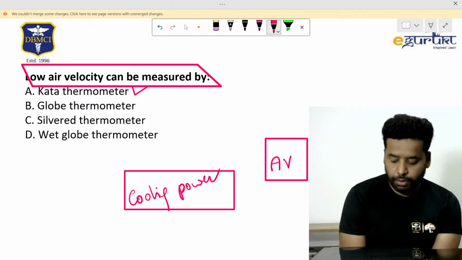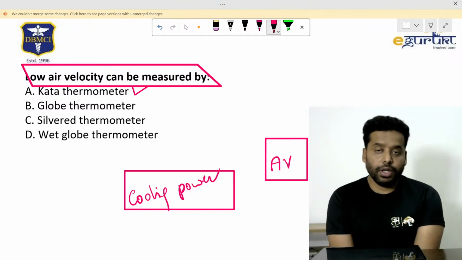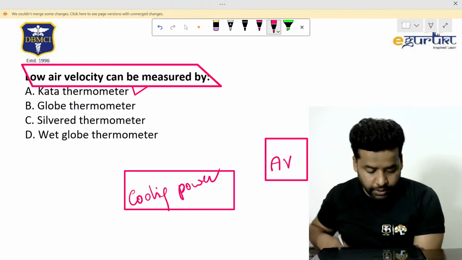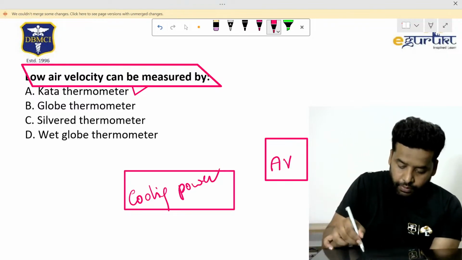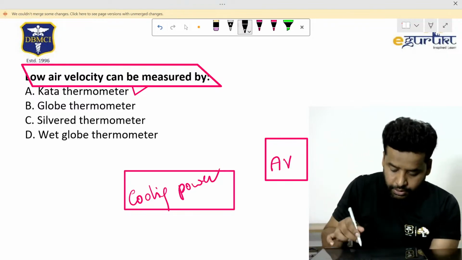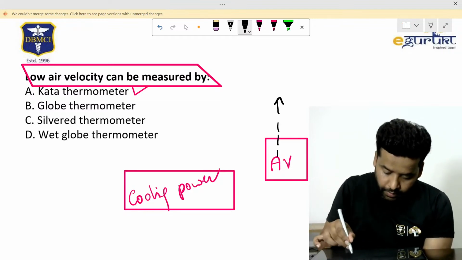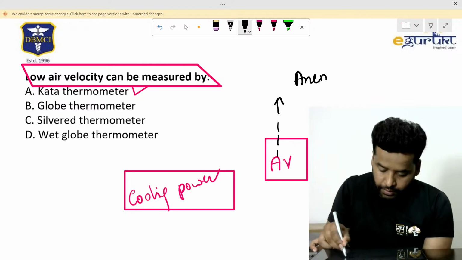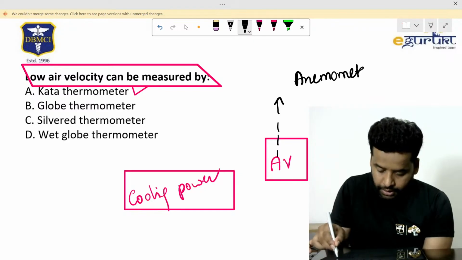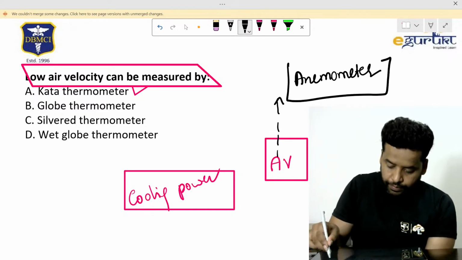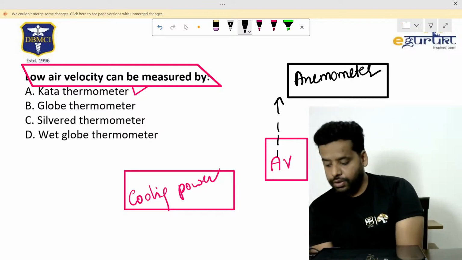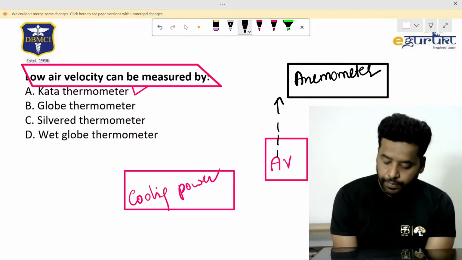If I am asking one more question, which is that one more instrument which can be used for air velocity? What is your answer? Anemometer. We have 4 metallic cups. The anemometer is also used for air velocity.